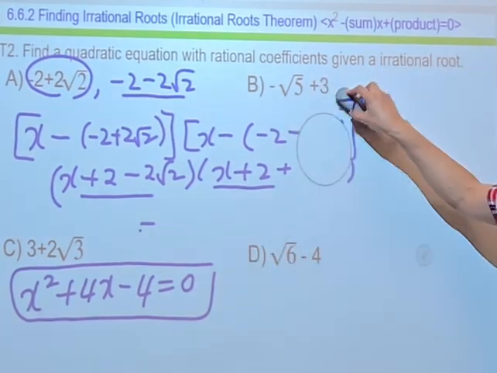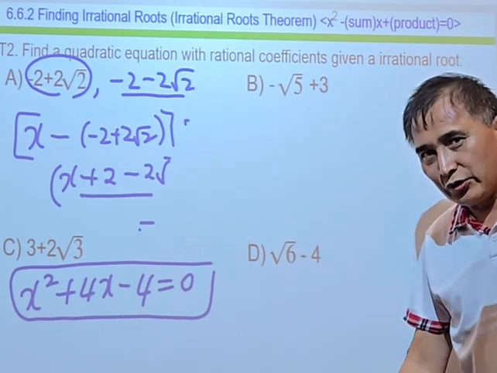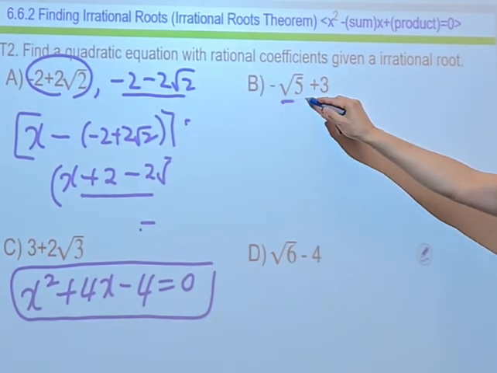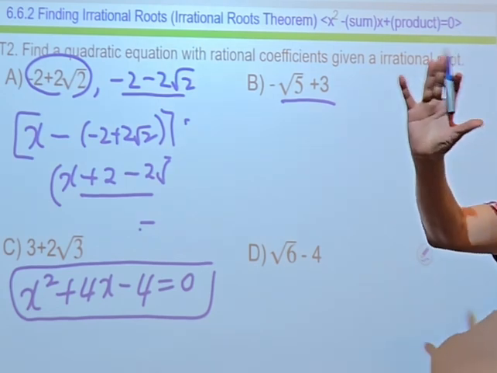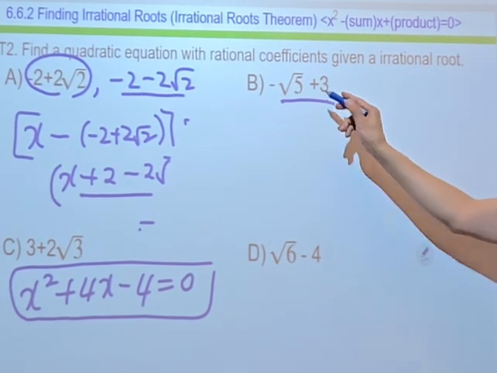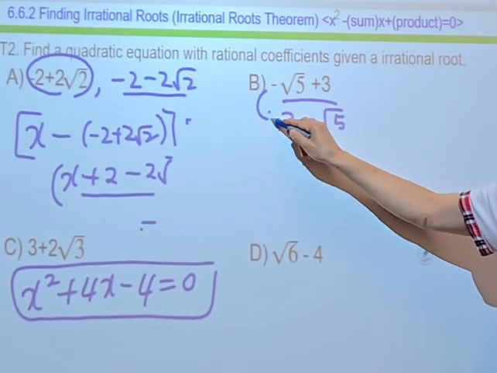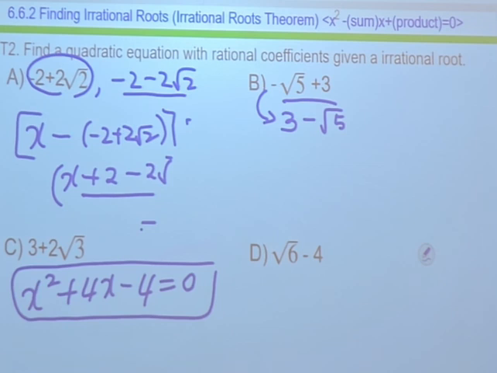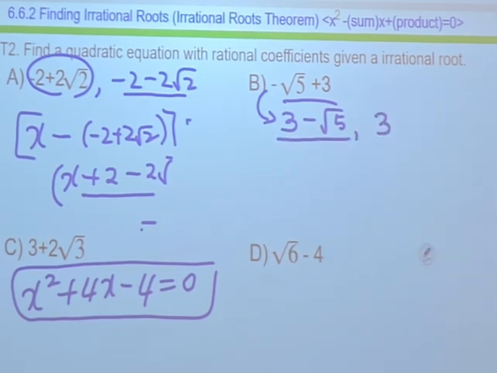So let's practice one more. You know how to do it. Now, this one you need to change to the form a plus bi or a plus b times a root. So this is 3 minus root 5. You need to change it this way, otherwise you may make a mistake. Now this one, the conjugate is what? 3 plus root 5.